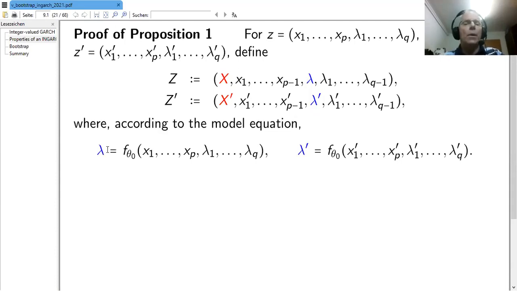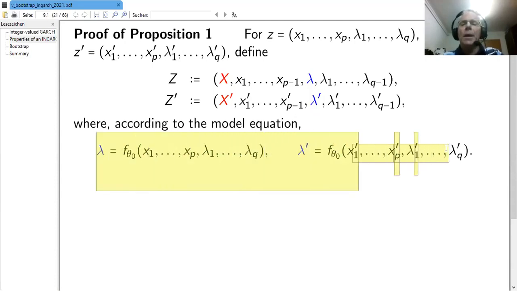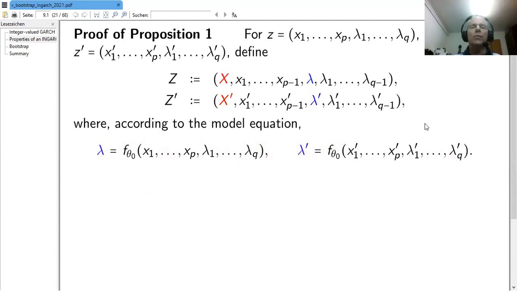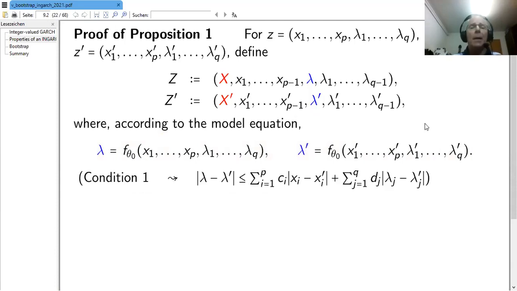We have only one possible choice, namely this one and that one. This is quite clear. Otherwise, the model equation would be violated. By the way, here we see again some sort of contraction, namely the difference of lambda and lambda prime can be estimated in this way.